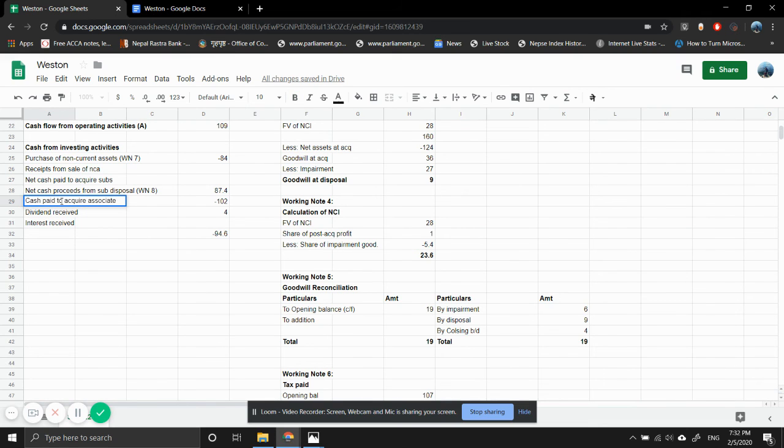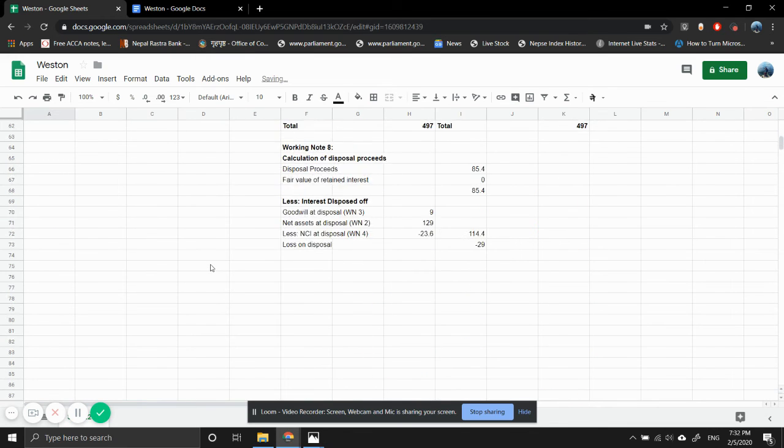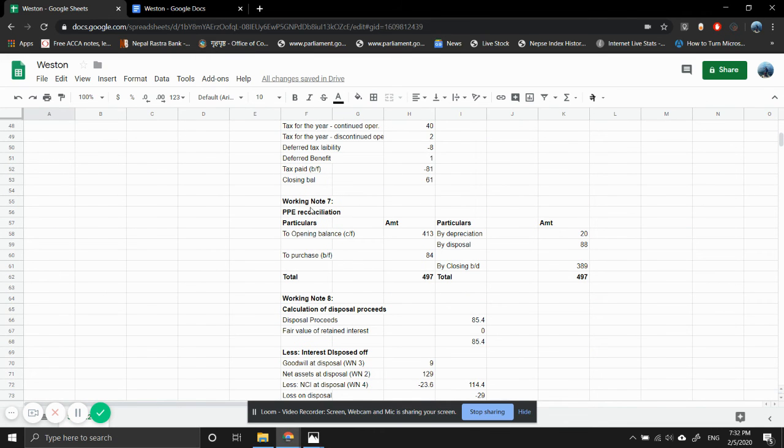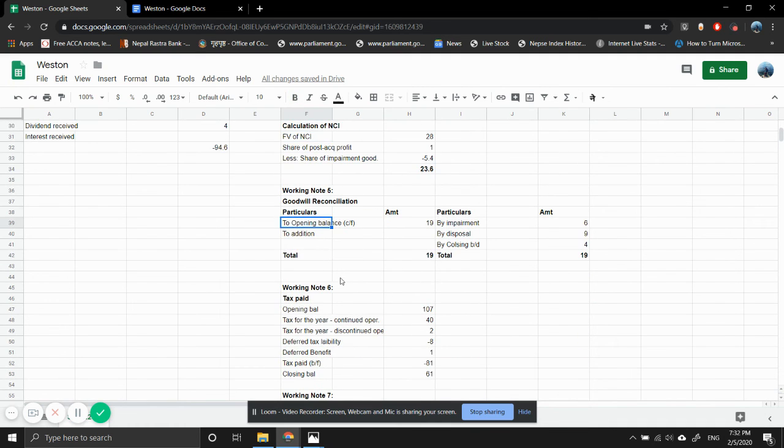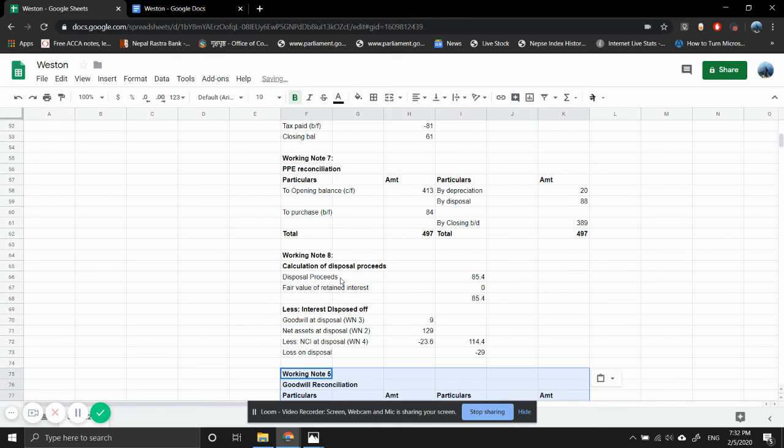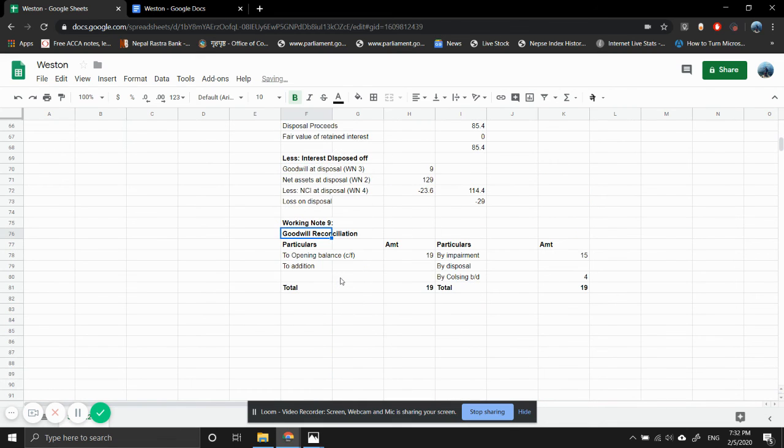Okay, so we need to calculate. What we need to do is create another working note for this as well. We'll just use our classic template, short and sweet. Working note 9, investment in associate.